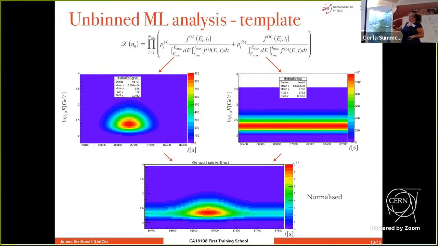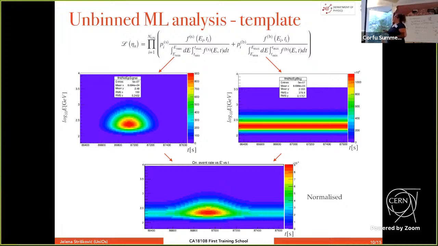So here we build it for a signal and for the background. Here for the signal, our energy distribution is, again, a power law. Our time distribution is Gaussian. To be a PDF, we need to normalize it and combine it. And this plot contains every single piece of information about my telescope, my instrument.